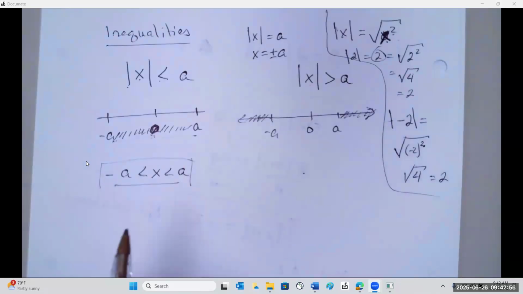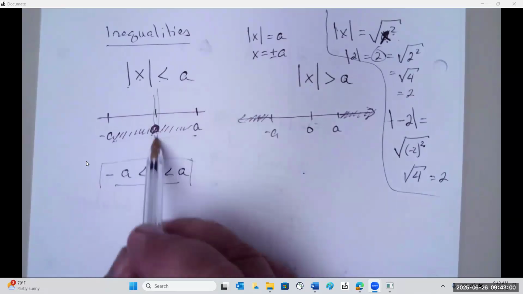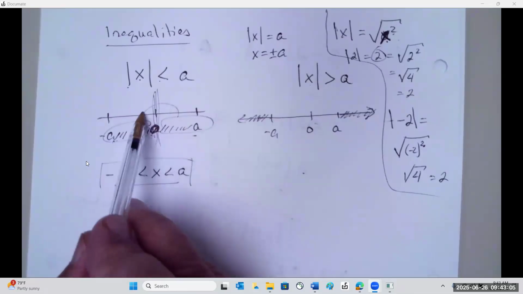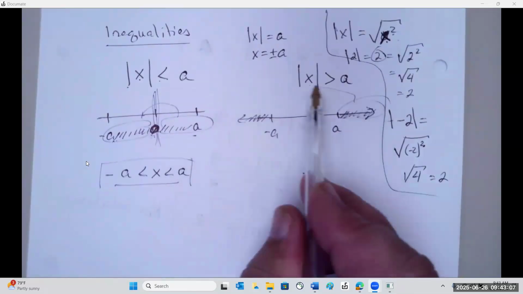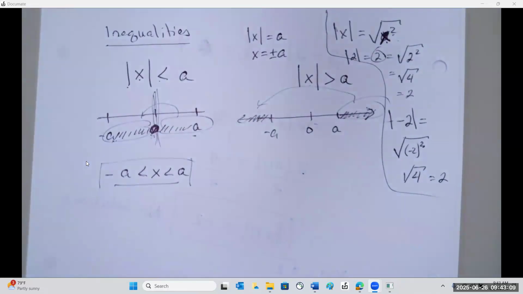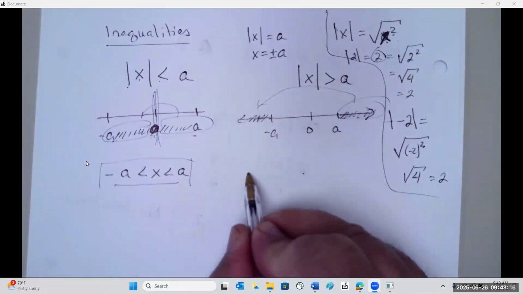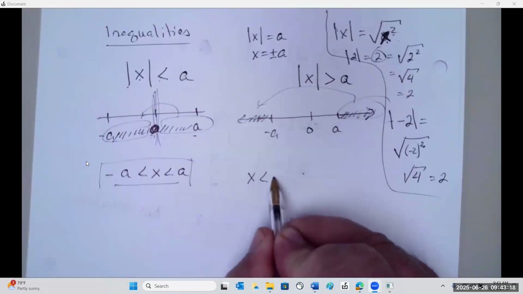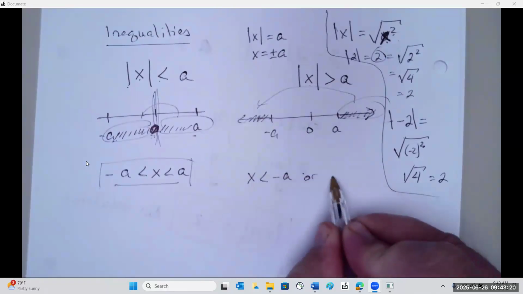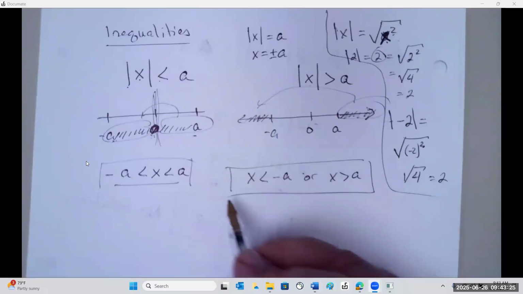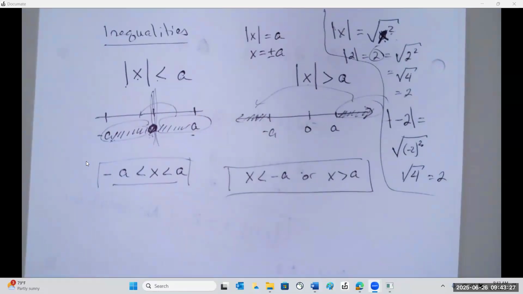So it's a mirror image, a reflection about zero. So these come over there because I'm reflecting about zero. So how would I put this? X is less than negative A, or X is greater than A, from our inequality sheet from chapter 1.